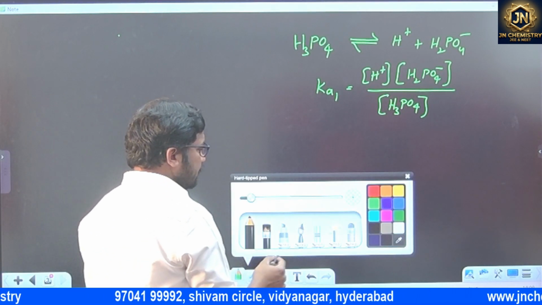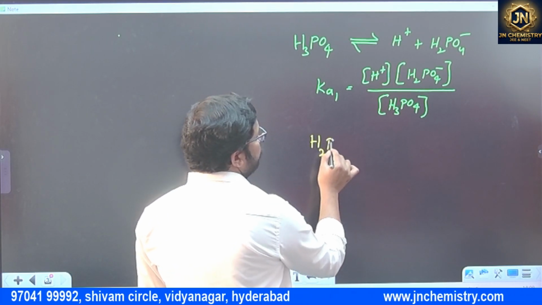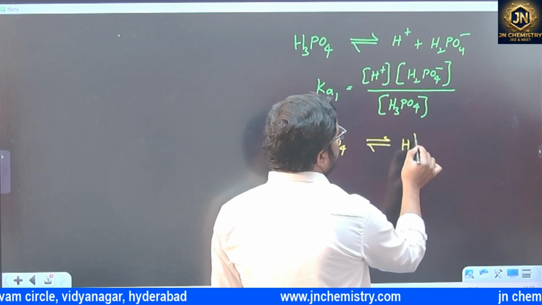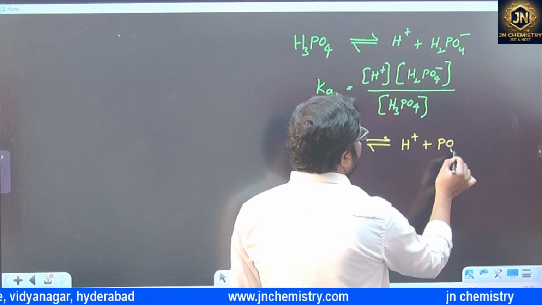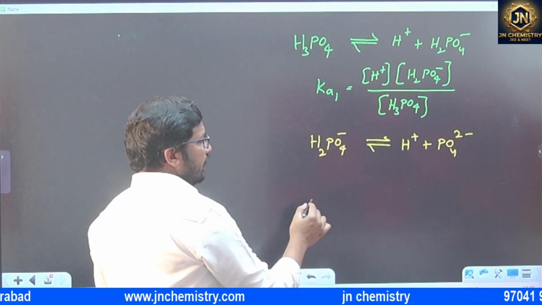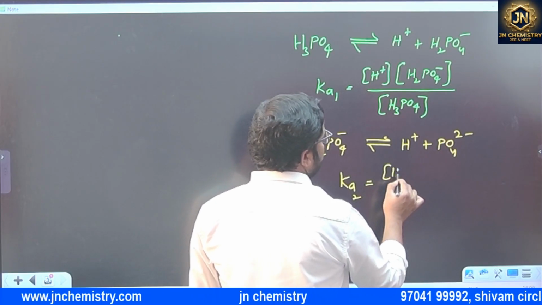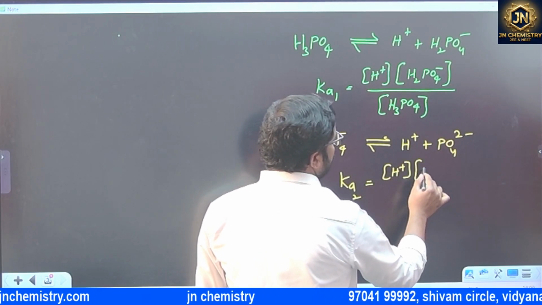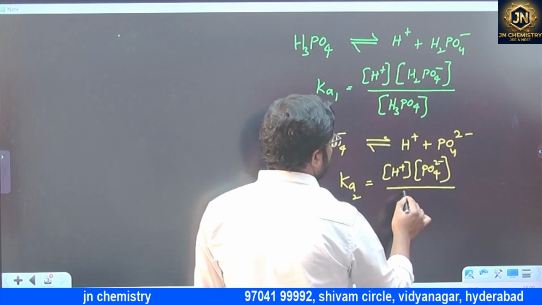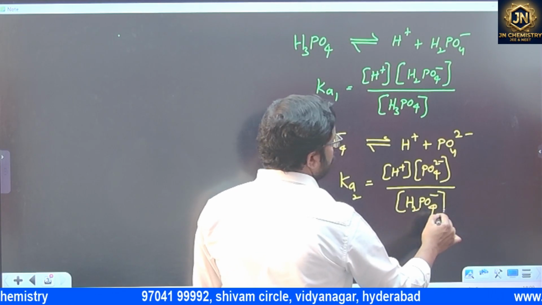Now we can write Ka2 also. How? H2PO4 minus gives rise to H plus plus HPO4 2 minus. Ka2 is equal to H plus ion concentration times HPO4 2 minus concentration, divided by H2PO4 minus.